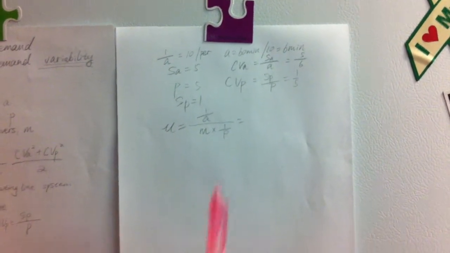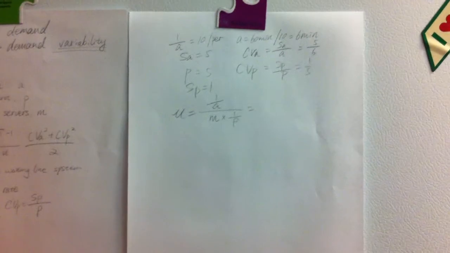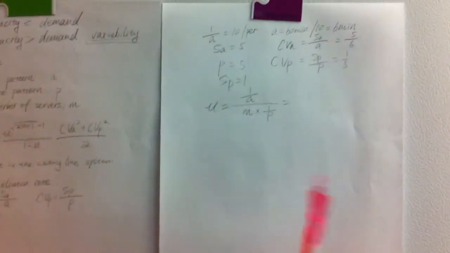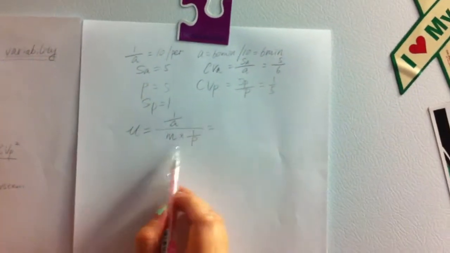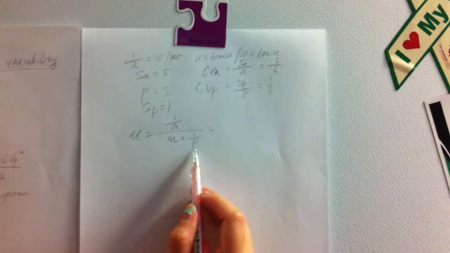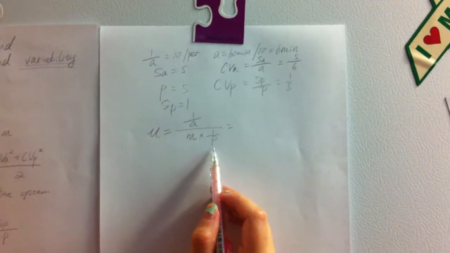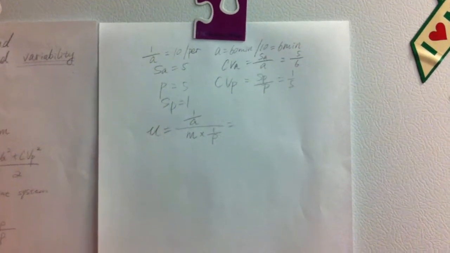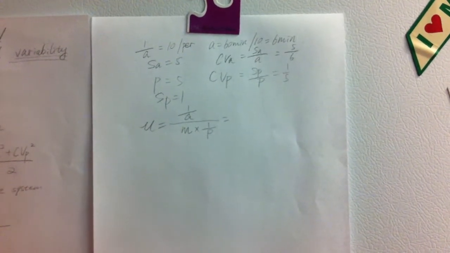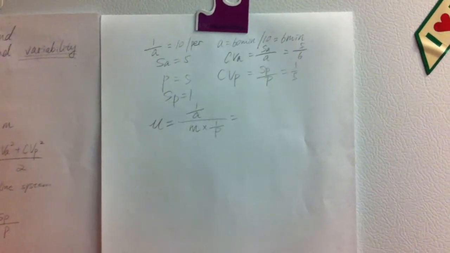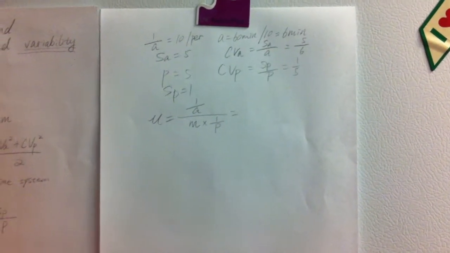Let me explain this equation. The inter-arrival rate gives you the demand, and M times the service rate tells you how many customers you can serve during the specific unit of time.